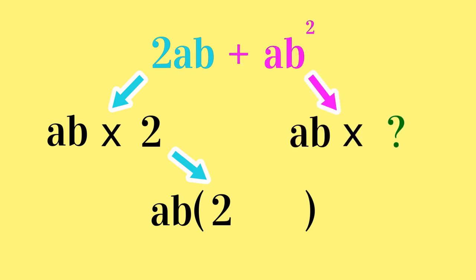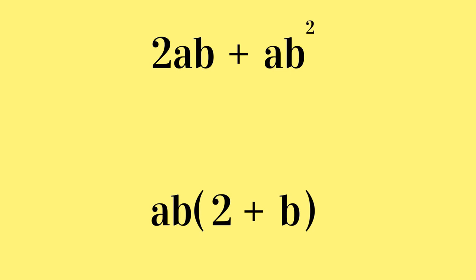To get ab squared, ab has been multiplied by b, so the final answer is ab open brackets 2 add b close brackets.